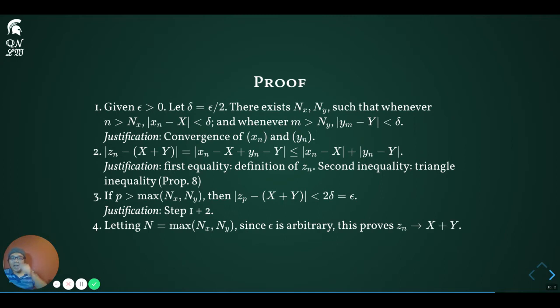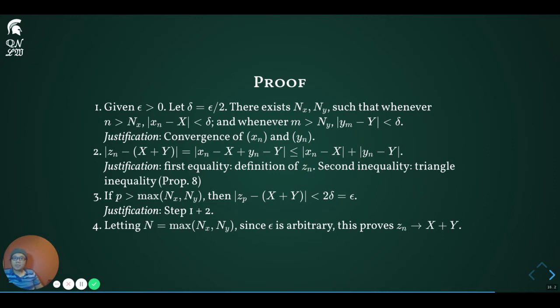Now, if we evaluate this inequality at an index p that is larger than the bigger of n sub x and n sub y, the inequalities shown in step 1 need to hold since p is large enough.